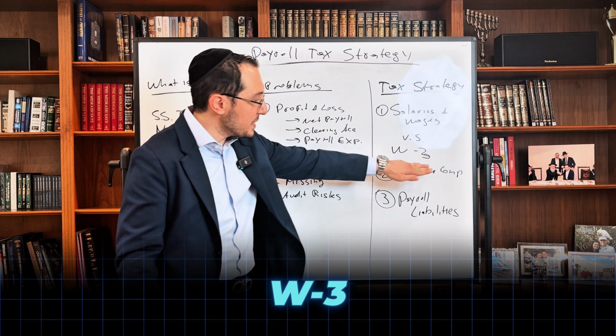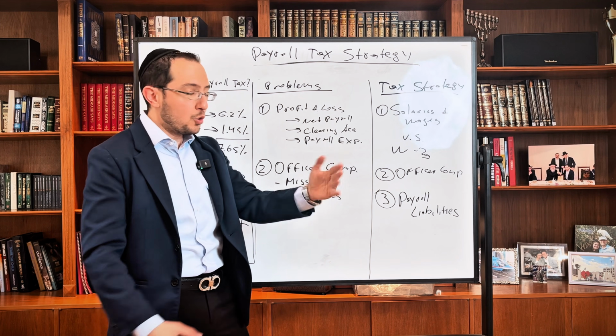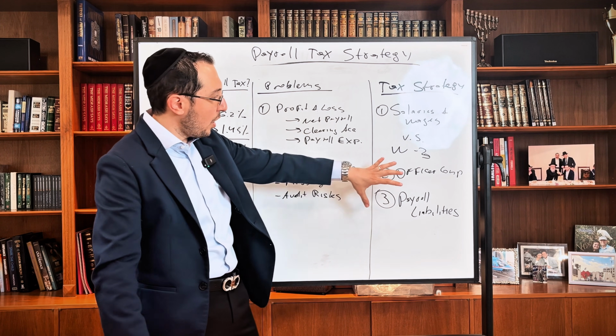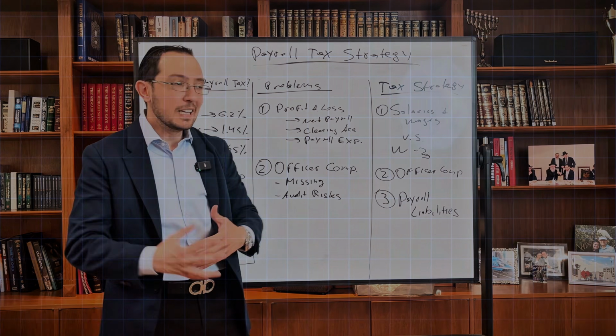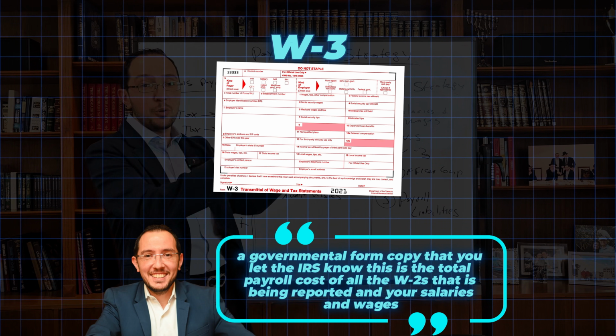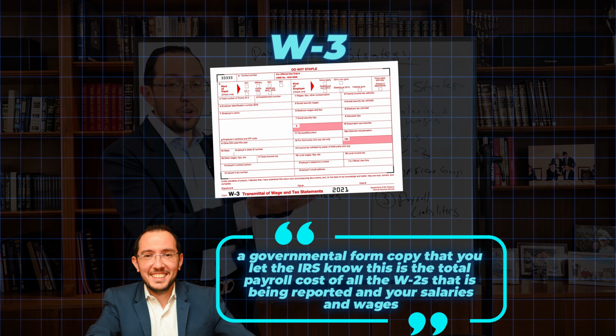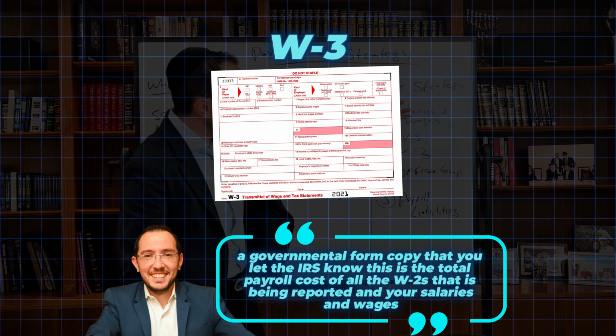And there's also going to be something that's called a W-3. When you take a look at your tax return, your salaries and wages plus the officer compensation must match what's reported on a W-3. The W-3 is basically a governmental form copy that lets the government, the IRS, know, hey, this is the total payroll cost of all the W-2s that is being reported, and your salaries and wages would match that.